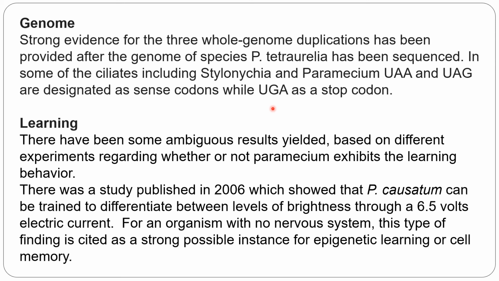There was a study published in 2006 which showed that Paramecium caudatum can be trained to differentiate between levels of brightness through a 6.5 volt electric current. For an organism with no nervous system, this type of finding is cited as a strong possible instance of epigenetic learning or cell memory.